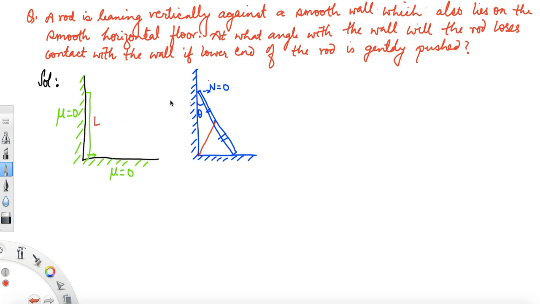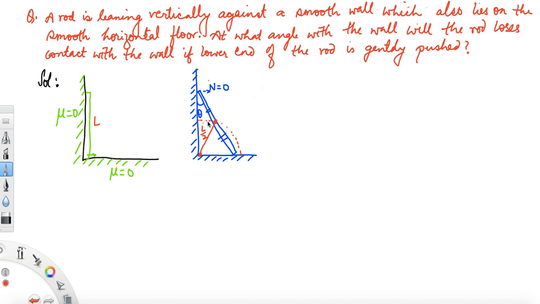Let L be the length of the rod, so this distance is also going to be L by 2. Of course this is going to be circular because you are joining the midpoint of the rod to the vertex. So this will be L by 2 from geometry.